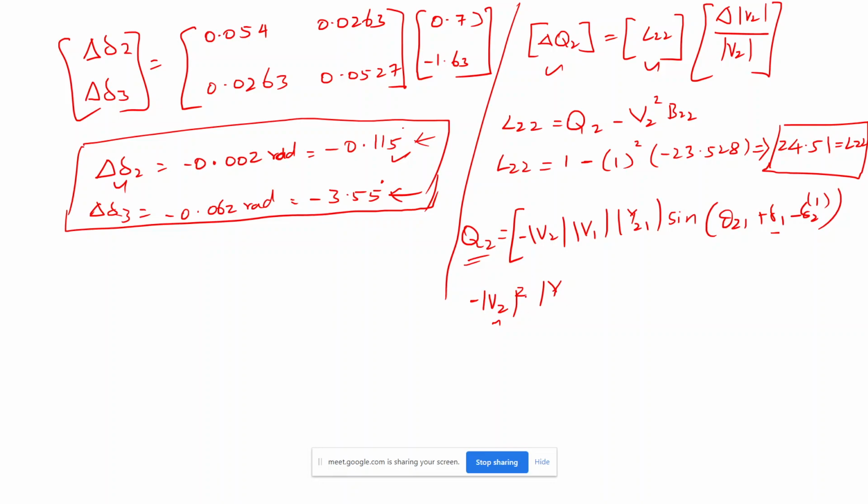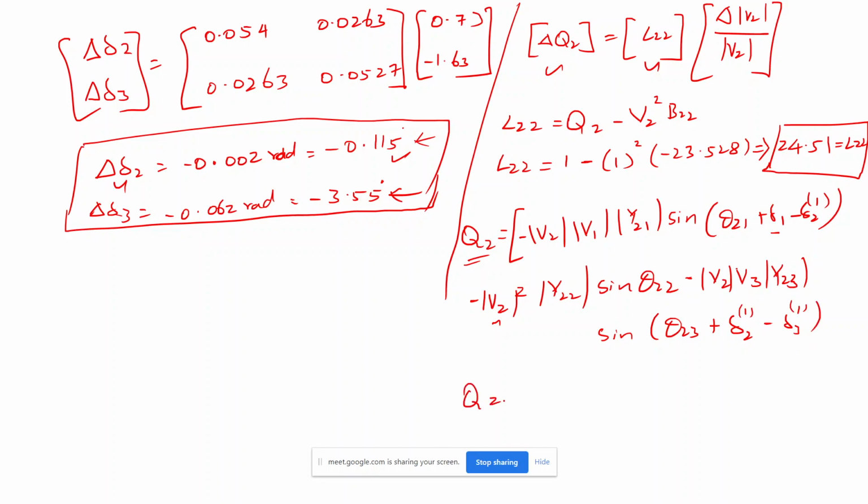So Y22 sin theta 22 minus V2 V3 Y23 sin theta 23 plus del 2, here also updated, minus del 3, here also you need to put the updated value. So if you solve this Q2 you will get minus 1.125. You can solve this, definitely you will get this value. I just cross verified also.